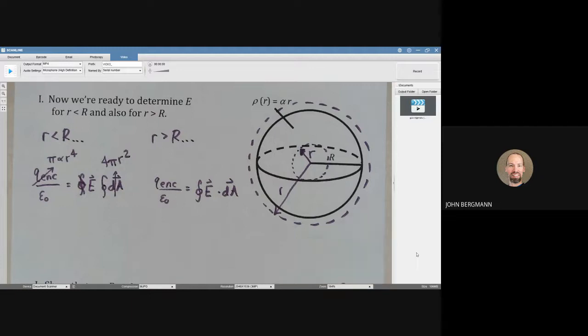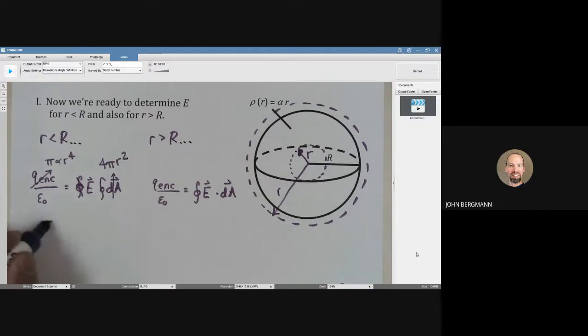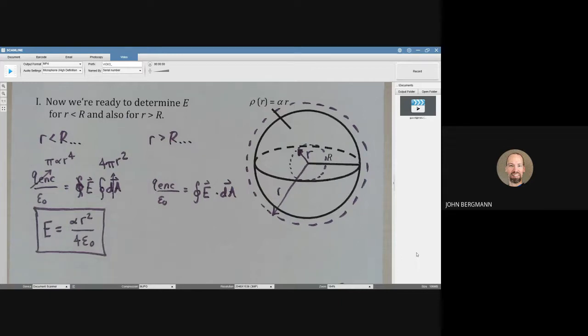When we simplify that, we get an electric field inside this sphere of alpha r squared over 4 epsilon naught.